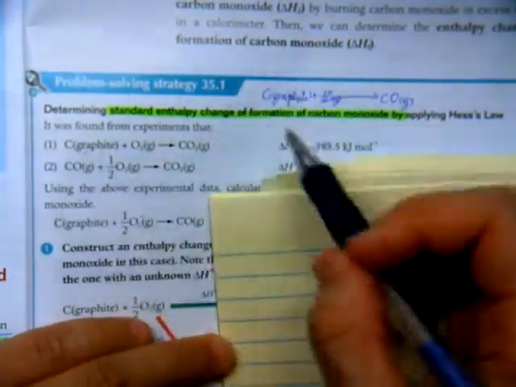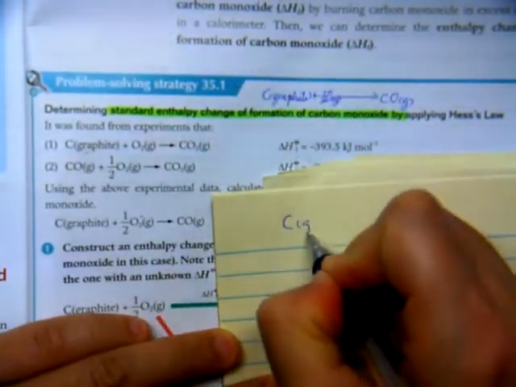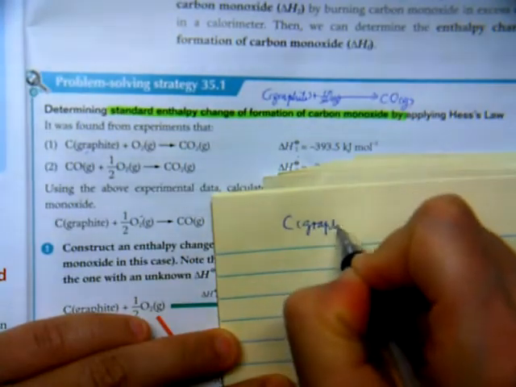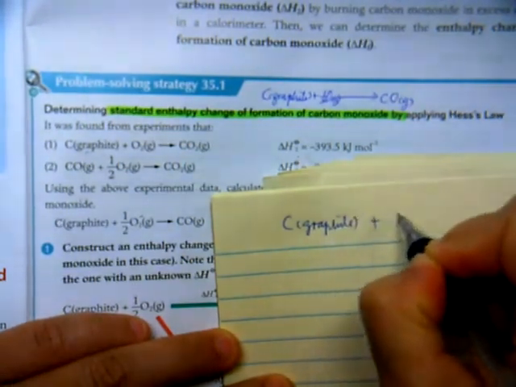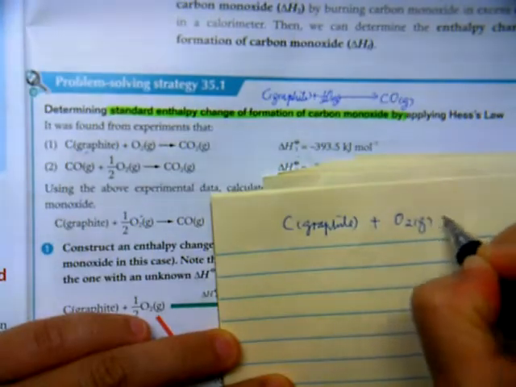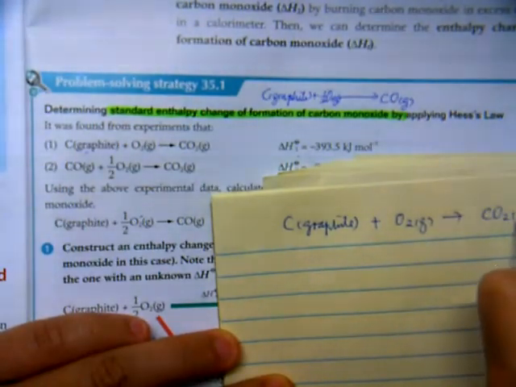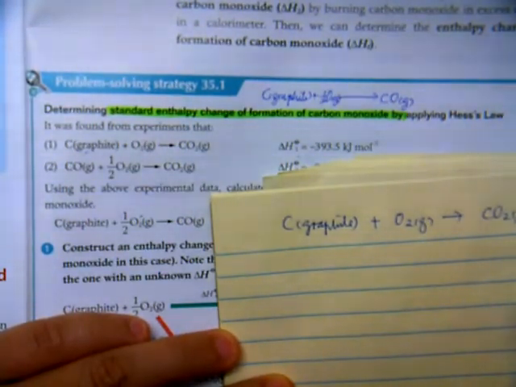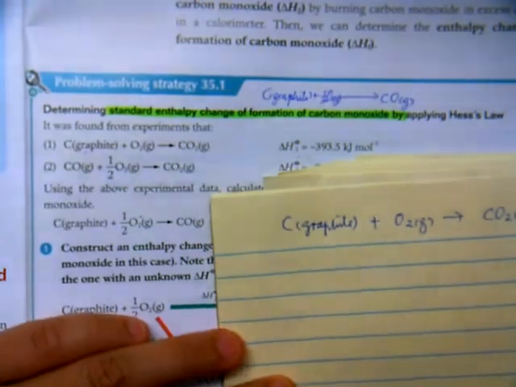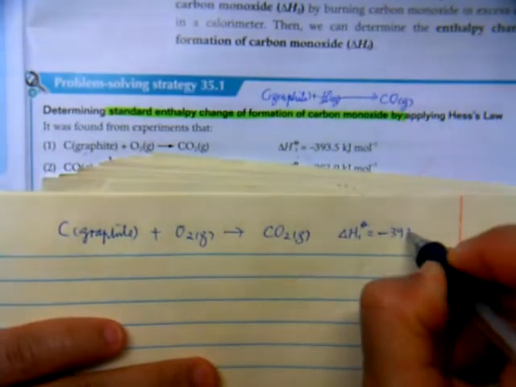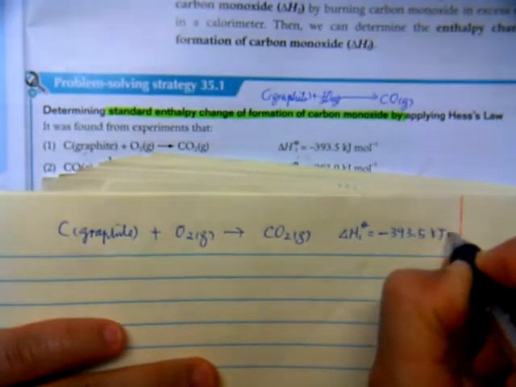Here we have 1 graphite. So obviously, graphite, copy down this equation, plus O2, carbon dioxide, with delta H1 equal to negative 393.5 kilojoule per mole.